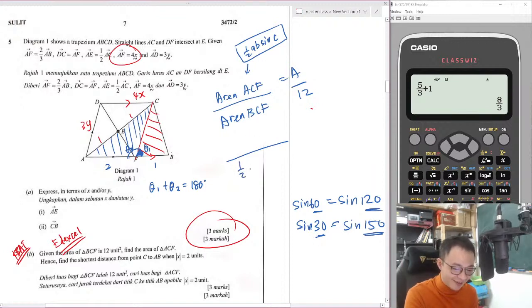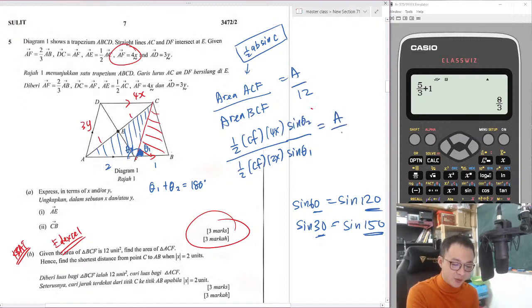Which is half multiplied by CF multiplied by 2x multiplied by sine theta 1. Then I will use CF also, because it's two sides and one angle between, right? And then ratio 2 here, which is 4x, and then sine theta 2, equals A over 12.